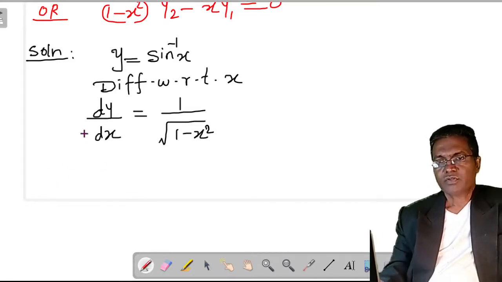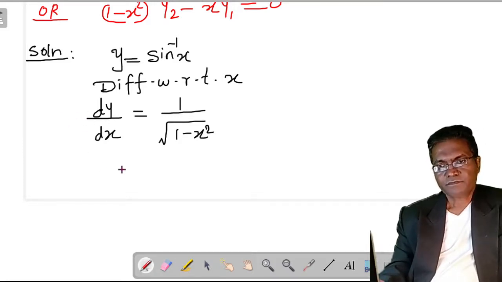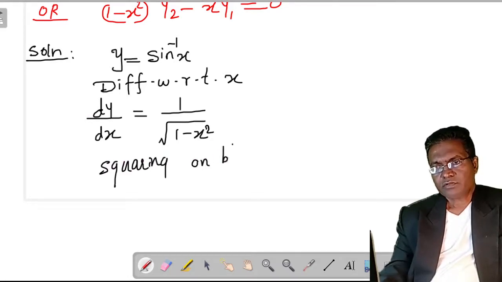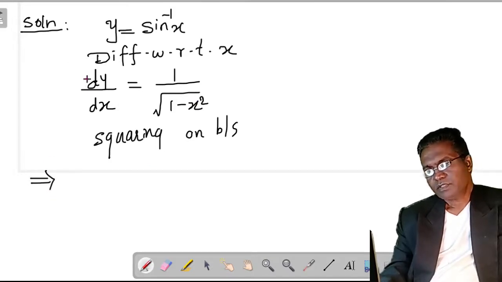So if I take this as y1, squaring on both sides, whenever you get a square root term, better is square it. Okay.